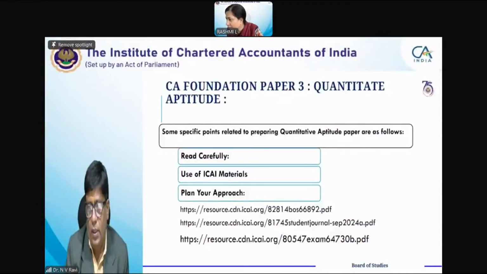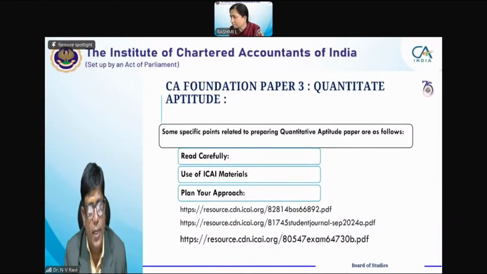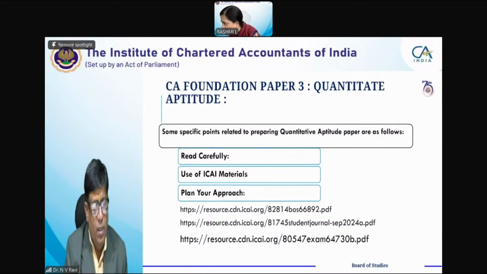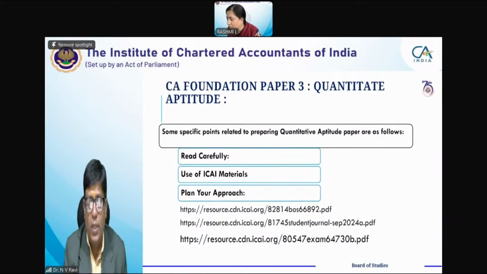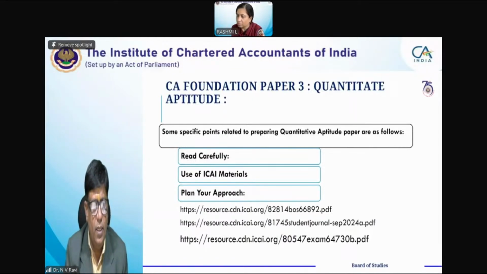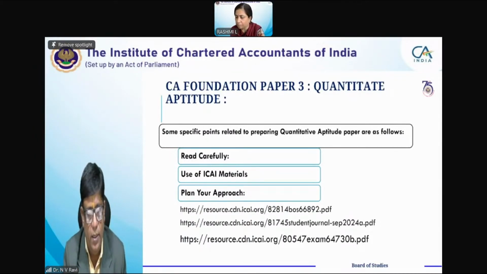Now I would like to add some more points to the madams. What are the sources of the materials available for the students? The sources, basically: ICAI is already publishing the students' materials, and using the study material would be better for you.